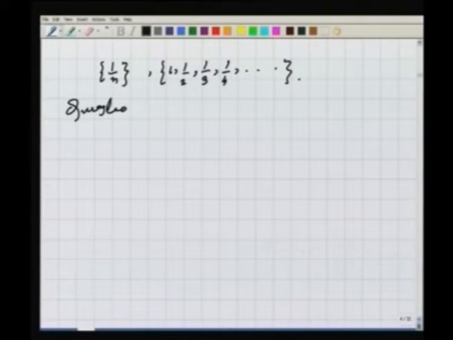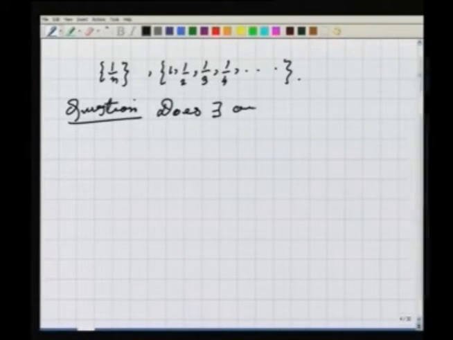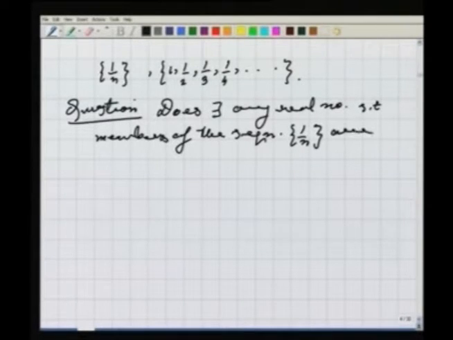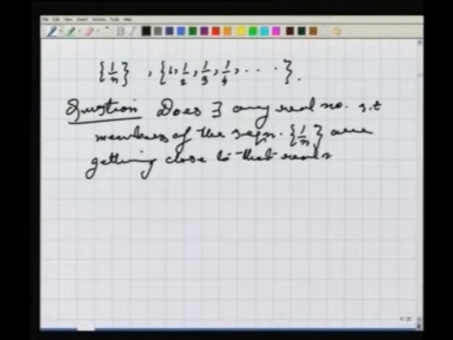So, intuitively the question we are asking is this: does there exist any real number such that members of the sequence are getting close to that real number as n increases?